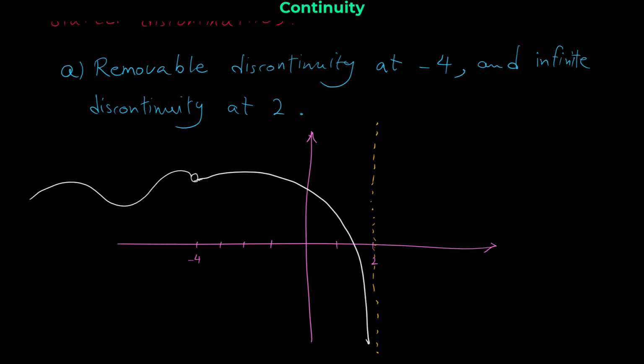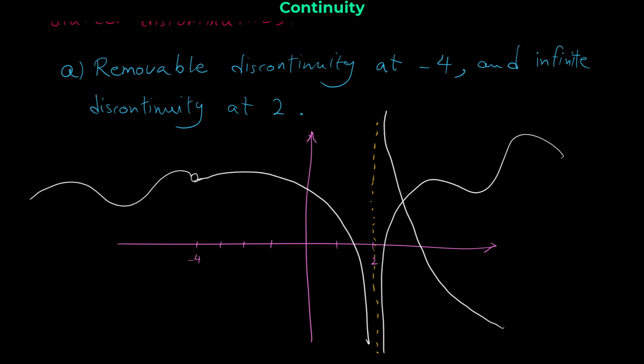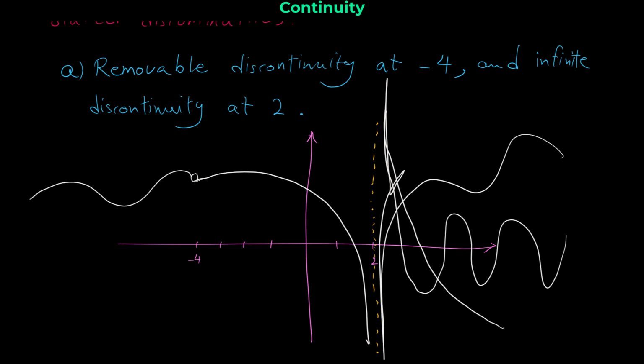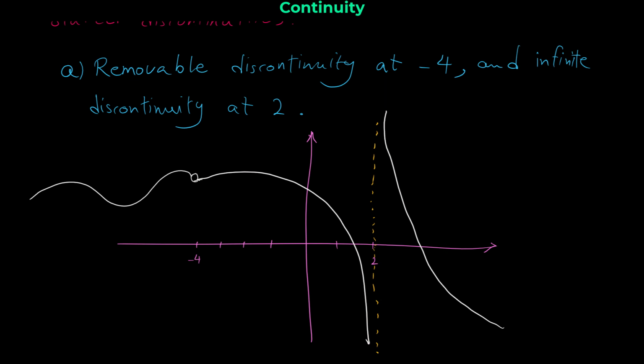So maybe something like this is a good idea, or maybe you prefer to draw something like this and go to negative infinity. Again, it's completely optional. You can draw any curve you want here, but you have to approach positive or negative infinity. I prefer to keep this one. So this is one answer for this question.